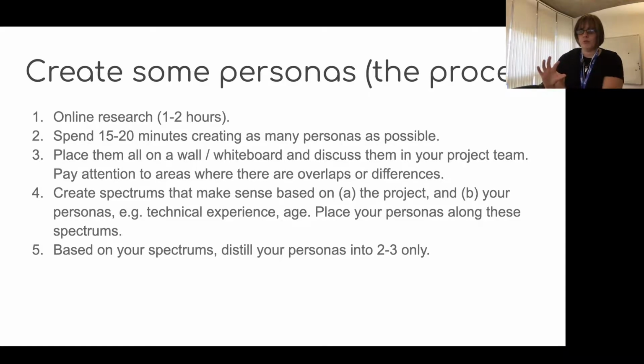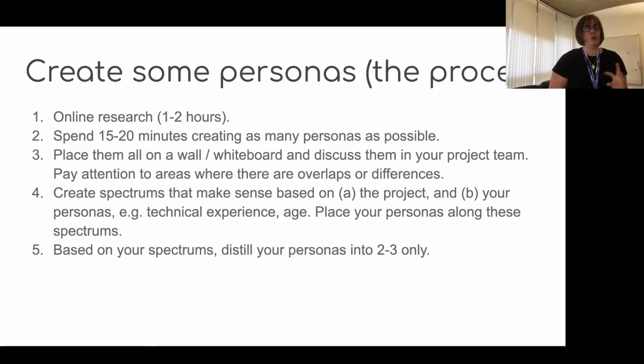Figuring out what are the demographics of students, what are the demographics of parents, what are the decision-making points. Of course, you've probably been through something similar, so you'll have a good start. Then spend 15 to 20 minutes creating as many personas as possible. Literally just brainstorming all the different types of personas, stakeholders, representations that you can come up with for your project.